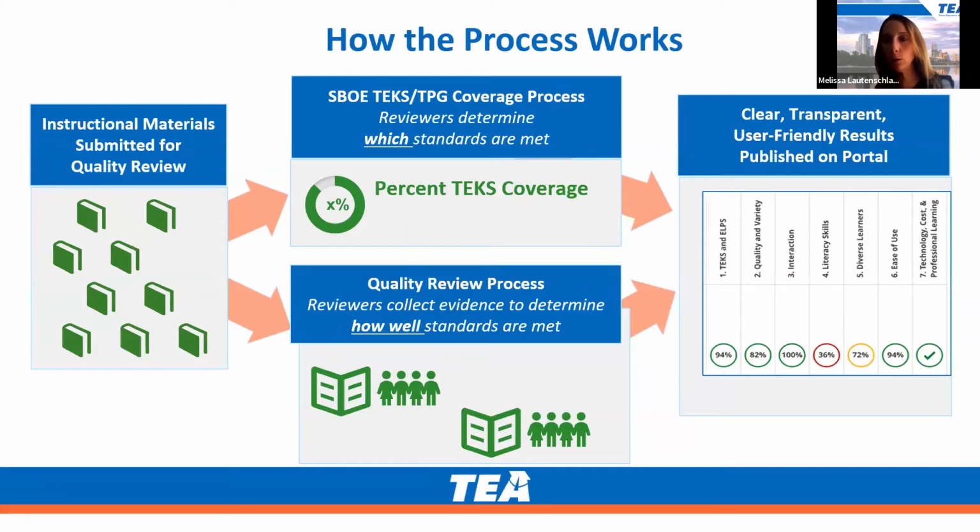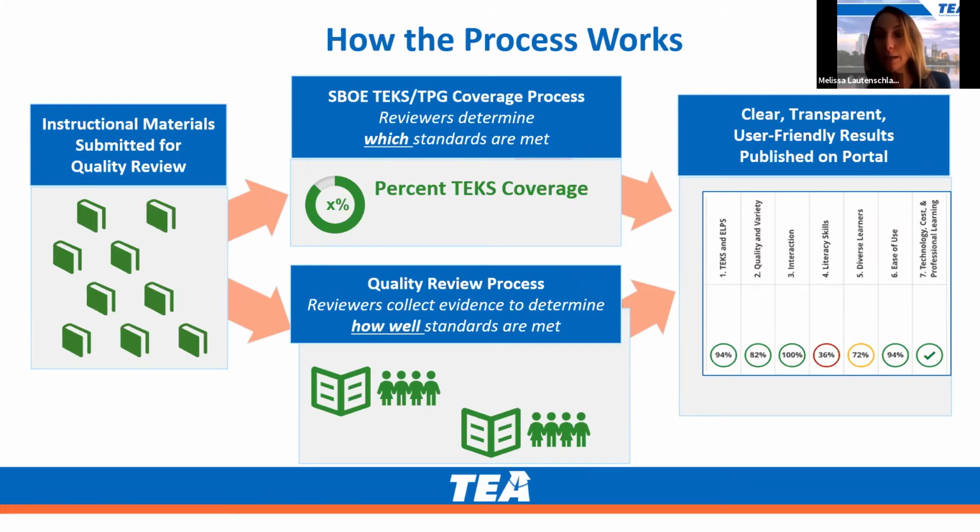To talk a little more about what happens with the reviews, all instructional materials that are submitted for the quality reviews go through that alignment process to determine the percent of our standards coverage.